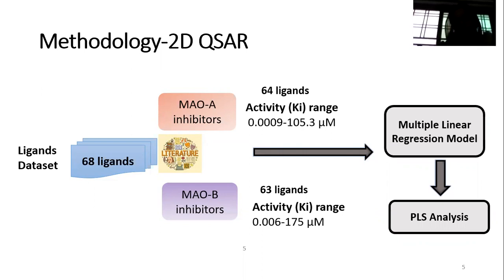These ligands had a range of activity, lower as well as higher, so that we can compute a model that can tell the features that are positively contributing towards activity and the features that are negatively contributing to activity. Further, we developed a multiple linear regression model for that purpose, and later we performed partial least squares analysis in order to perform the cross validation.